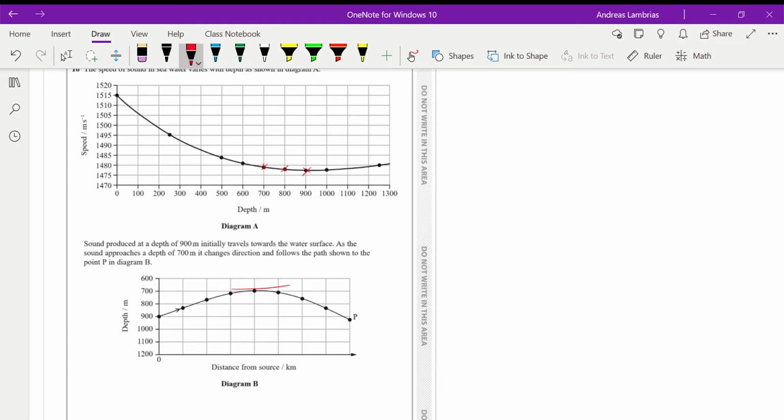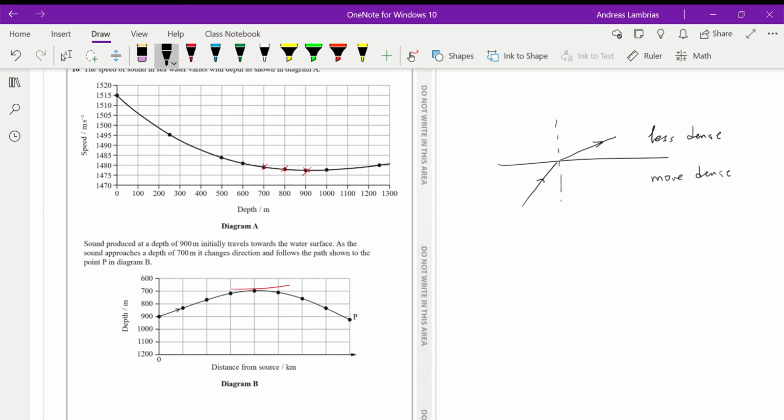Now, in order to understand what is really happening here, we need to break it down a bit. Firstly, we know that if a wave is moving from a more dense to a less dense medium, we have refraction, and therefore it's going to move away from the normal.